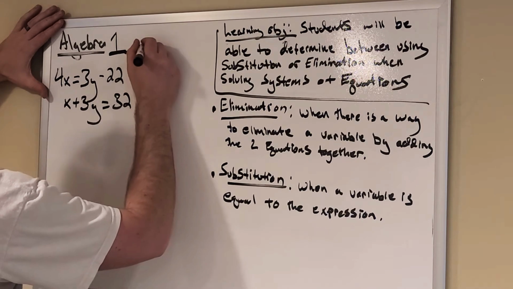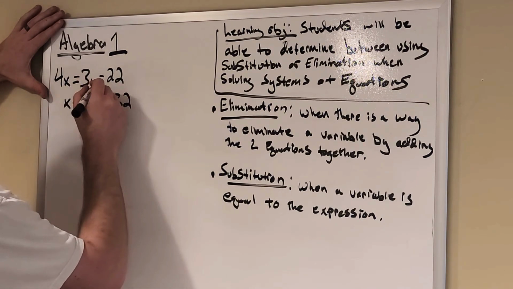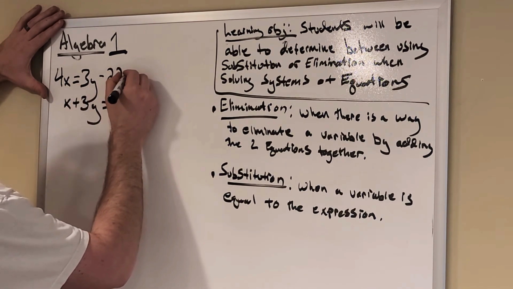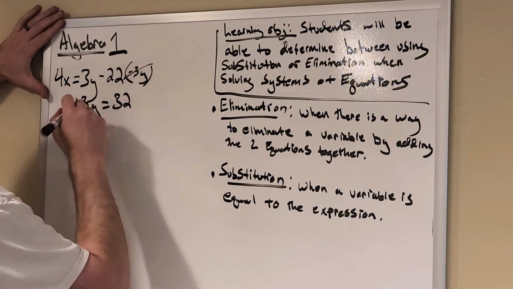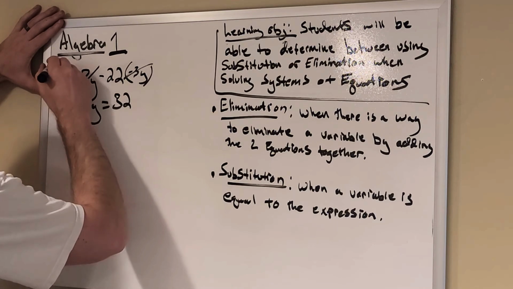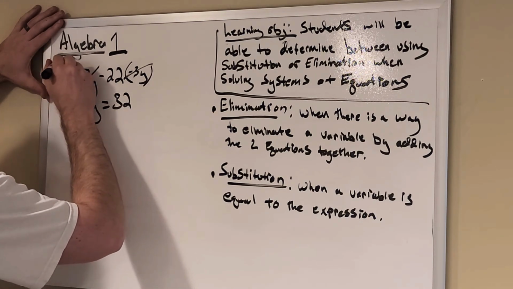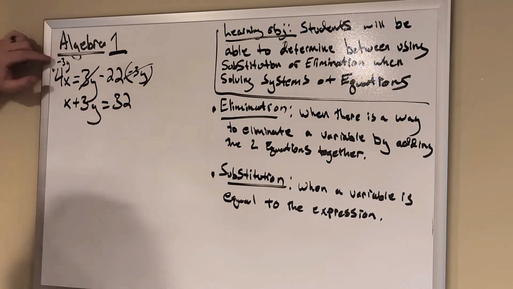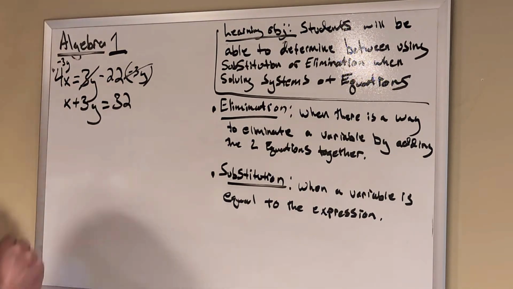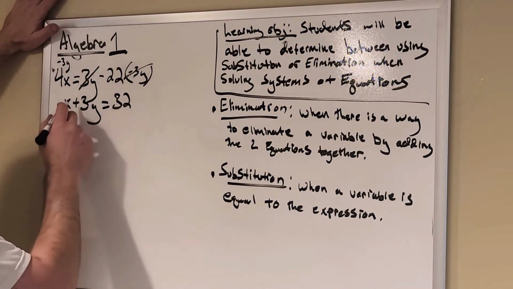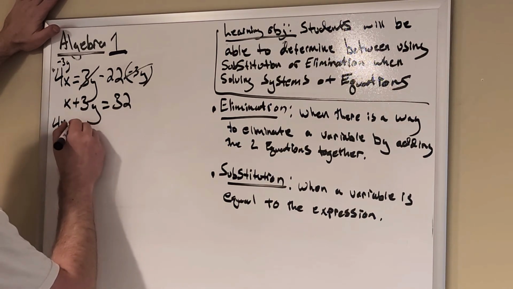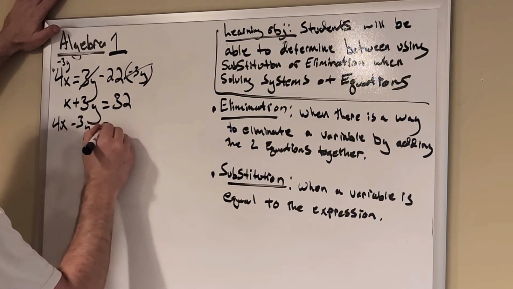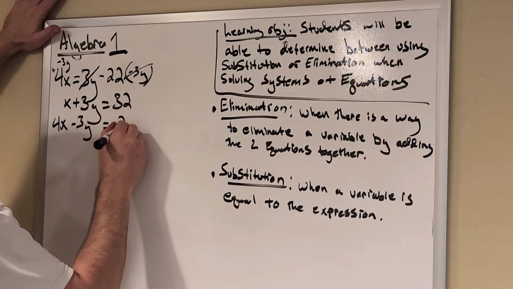So all I'm going to do is subtract 3y from this side of the equation, so minus 3y, and that's going to cancel here, and it's going to end up being subtract 3y from the other side. Because when I do the one side of the equation, I got to do the other. And my new equation is 4x I'm still going to have, minus 3y equals negative 22.